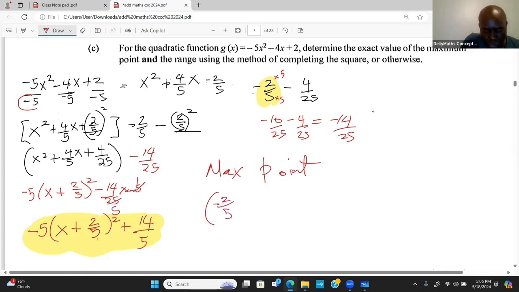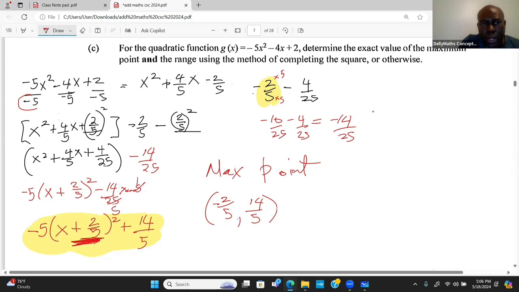So it's going to be negative 2/5 and 14 over 5, right? Because remember that the maximum point is not this; it's the opposite of this that will give us that. So it is actually the point negative 2/5, 14 over 5.